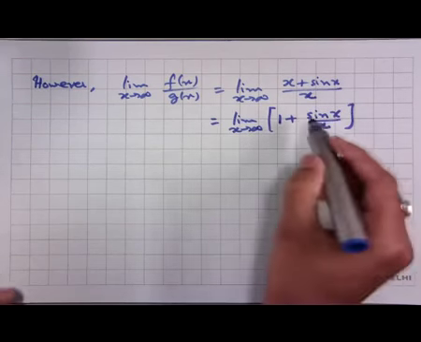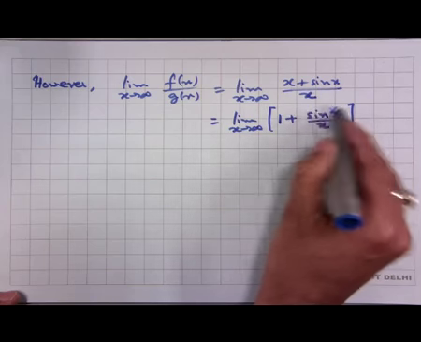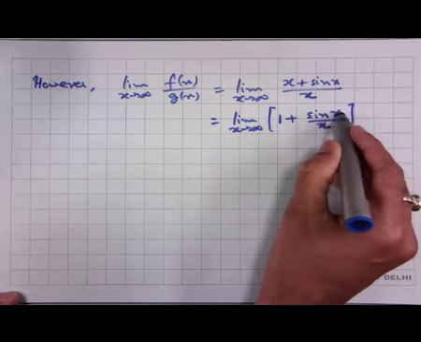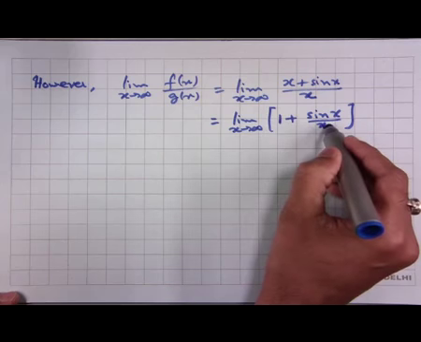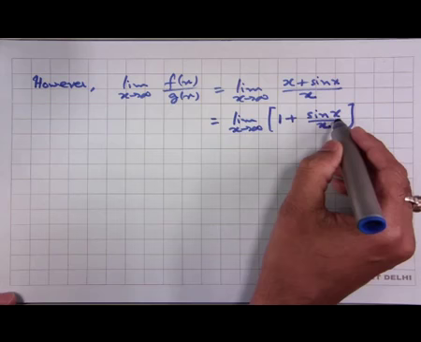And now, what happens to sin x by x as x approaches infinity? We know that sin x is bounded between negative 1 and 1, and the denominator x goes to infinity. So, this sin x by x goes to 0.